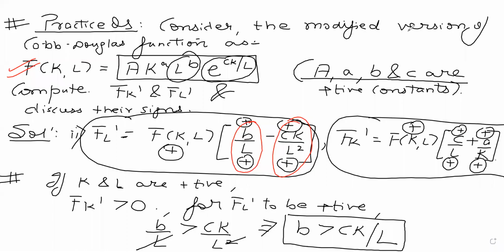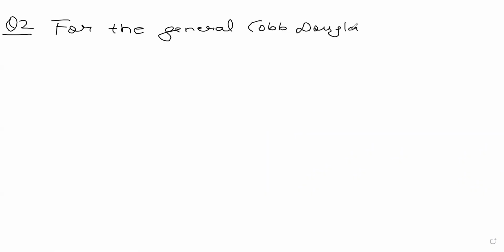Okay, let's now look at the next particular practice question, question 2. For the general Cobb-Douglas production function, given in the logarithmic form.